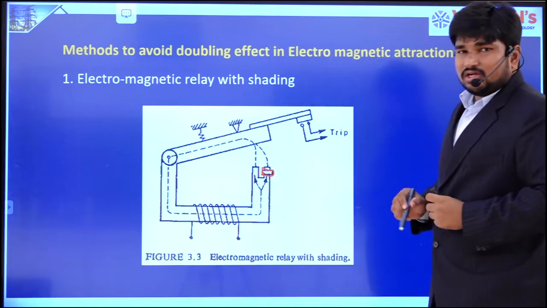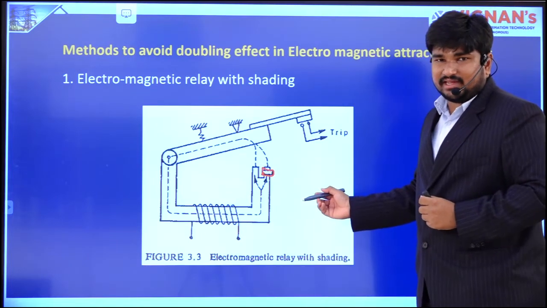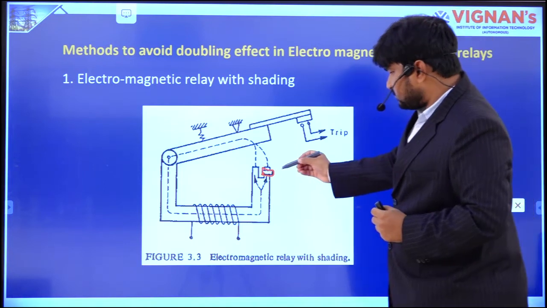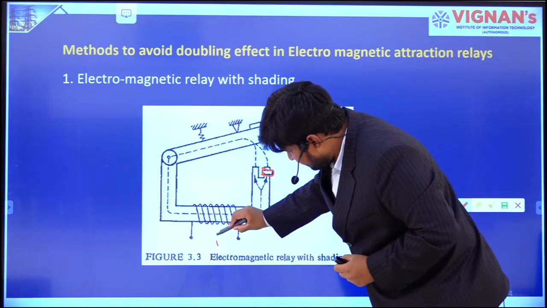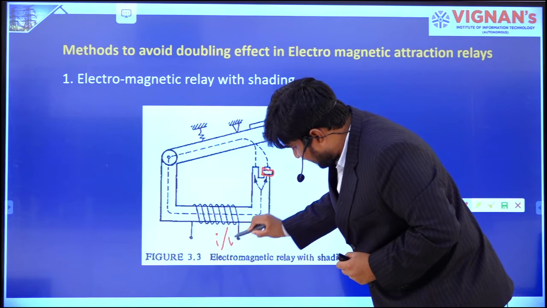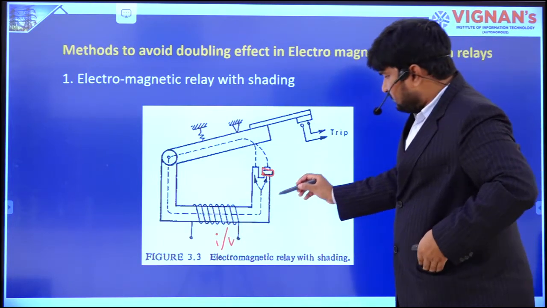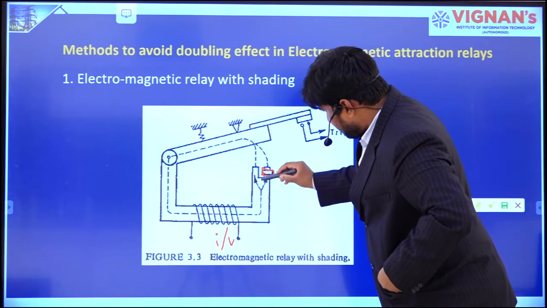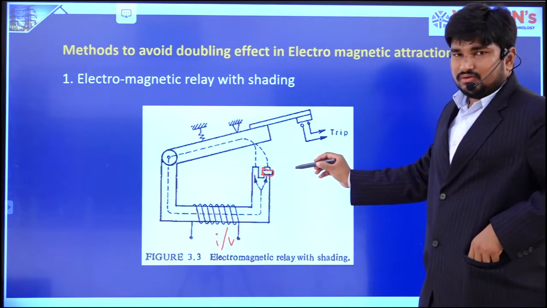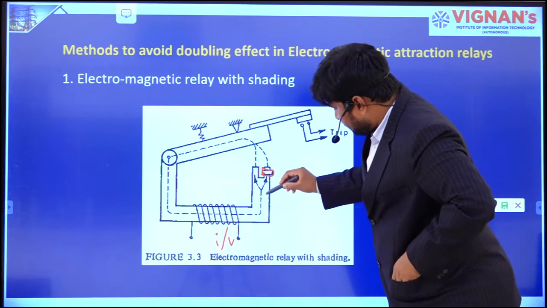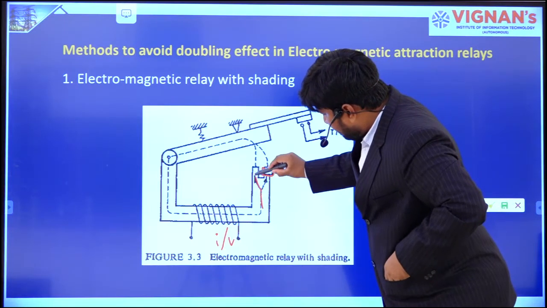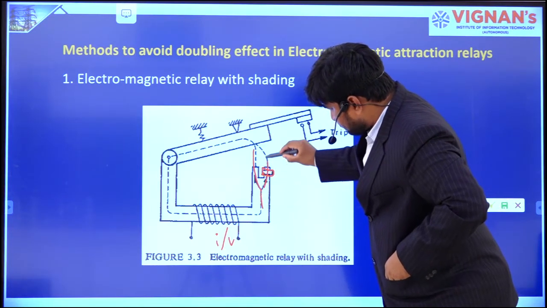Whenever I give supply, either voltage or current, to the coil, it will generate a flux, and because of this separation, the flux will be divided into two parts.